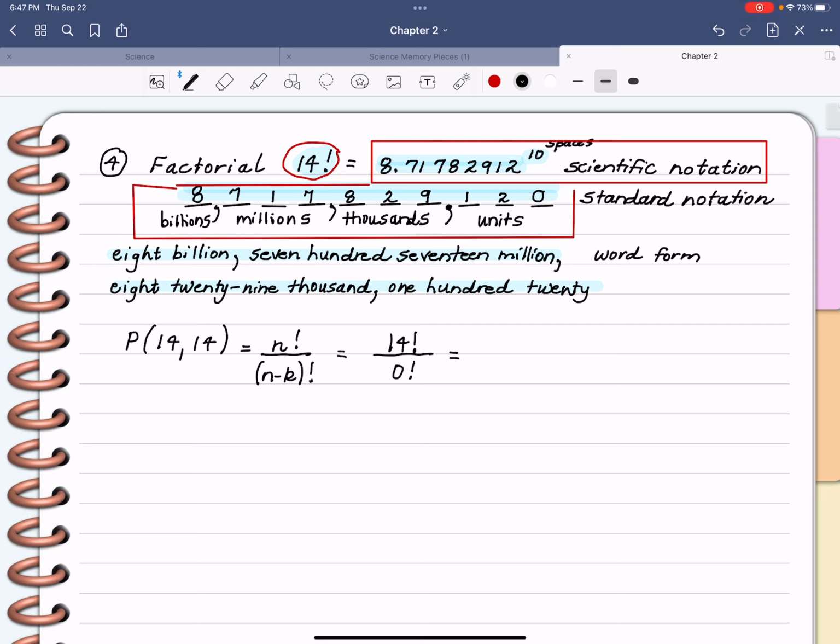So we'll have 14 factorial on top, which is what we just did, to the 10th power. And then on the bottom, we're going to have 0 factorial is 1. And so that will equal what we got up there in that first example. So if you don't catch that it's a factorial and you just do it as a permutation, it'll be fine. You'll still get the same answer. Either way is fine. So that's yet another way that we could express that value.